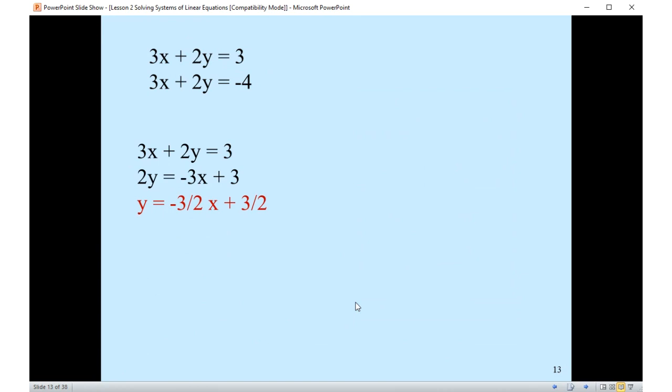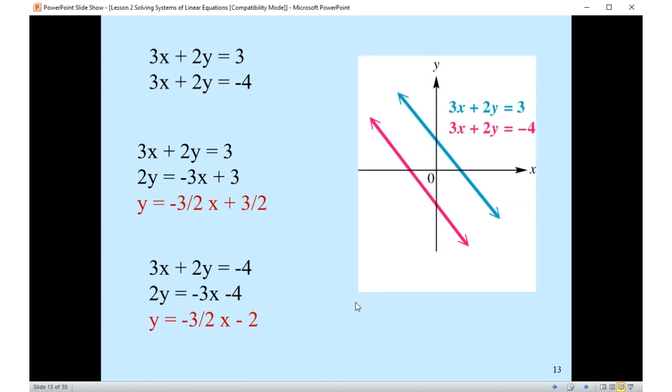Since there's no one in the room and it's a recording, I'm going to go through this a little bit faster, but you can pause your video. These are the two equations when y is by itself. When you graph them, they are parallel because they have the same slope, which means that they have no solution.